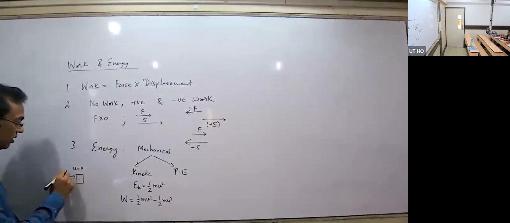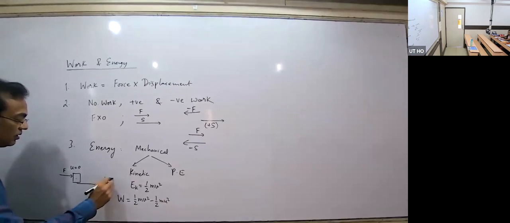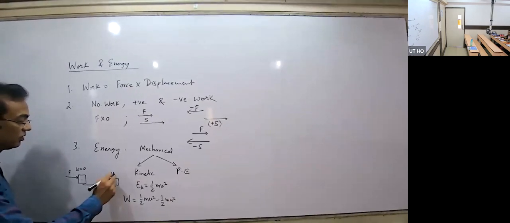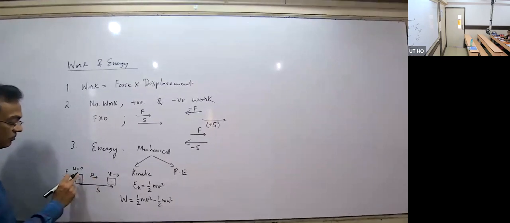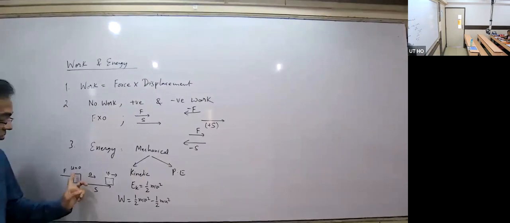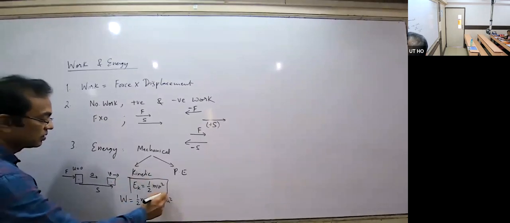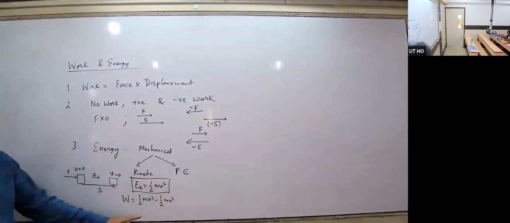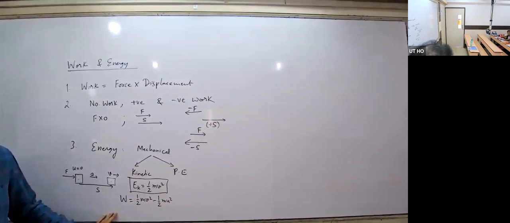Now when a force is applied, it travels some distance or displacement S, and here it is moving with velocity v, because when you apply a force, it will be accelerated. So therefore, its velocity will change from u to v. When you substitute u equal to 0, any body which is moving with velocity v will have energy half mv square. We derived it, right?